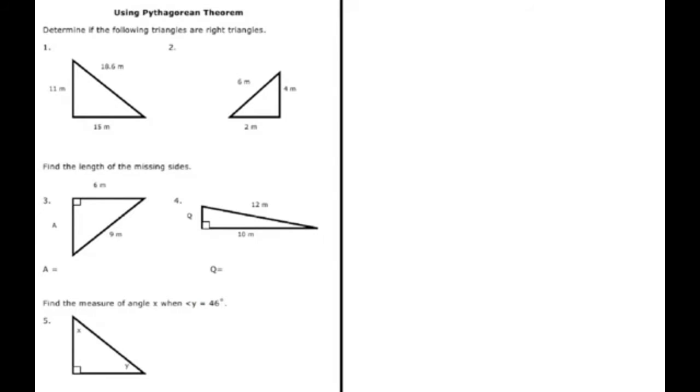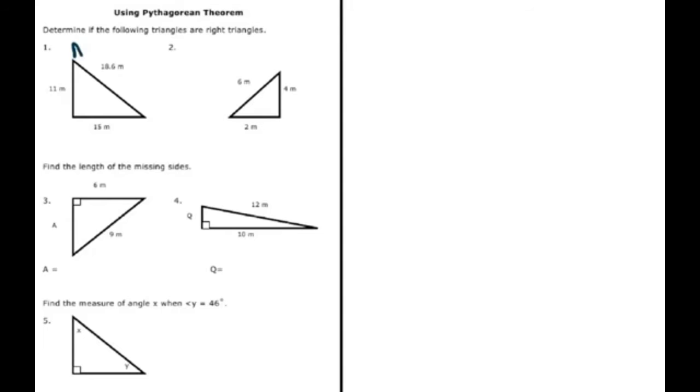So now we can also use Pythagoras theorem to verify if a given triangle is right angle triangle, because all the right angle triangles are going to satisfy the Pythagoras theorem. Now let us look at some questions. See the first question here. We have to determine if the following triangles are right angle triangles or not. So we can verify this by seeing if the given triangle satisfies the Pythagoras theorem or not.